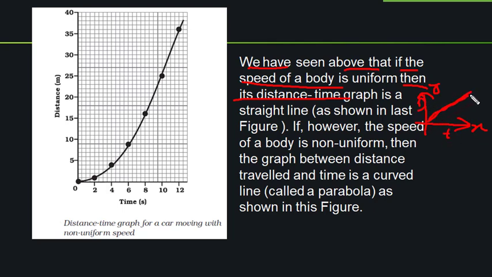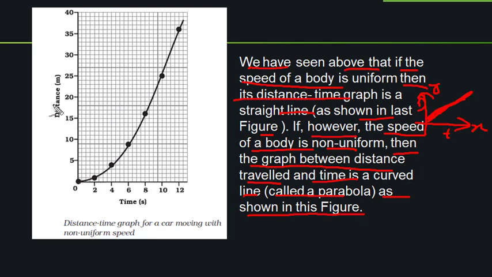Now let's see how the graph looks in non-uniform motion. If, however, the speed of a body is non-uniform, then the graph between distance traveled and time is a curved line called a parabola, as shown in this figure.